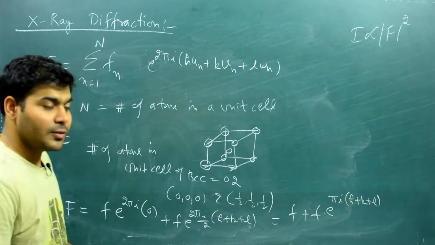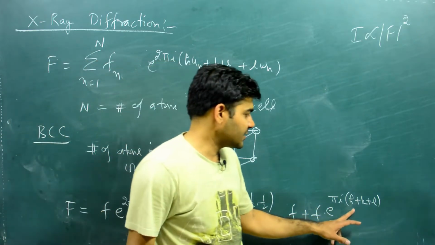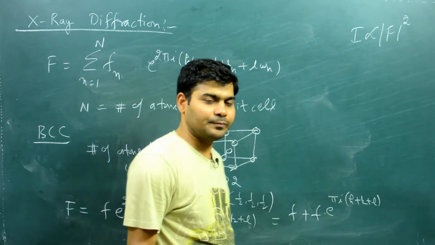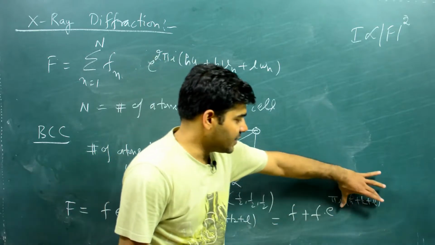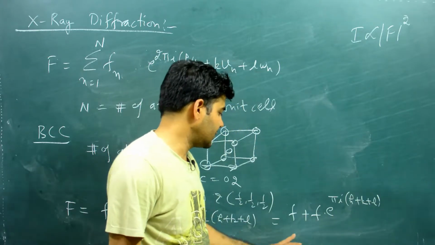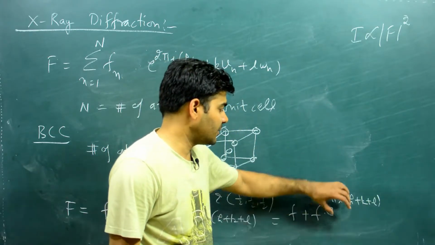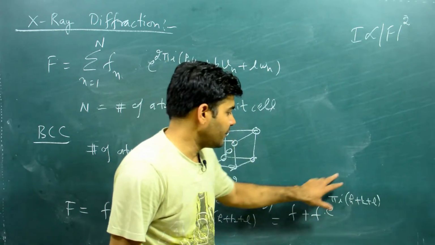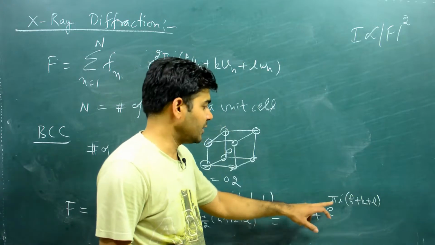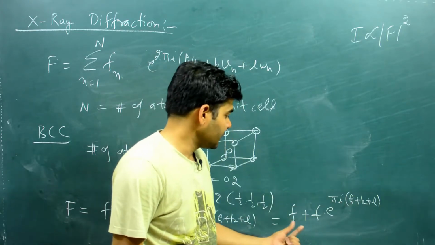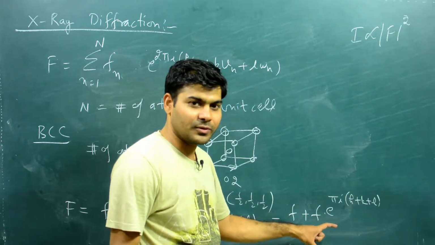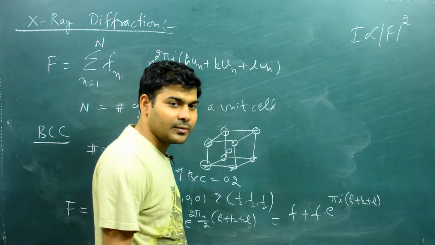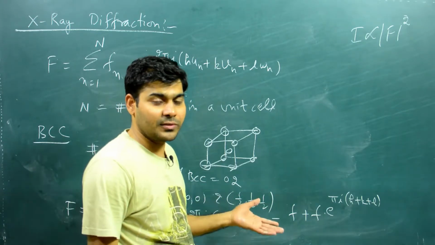Now if we look carefully, if h plus k plus l is an even number, this will give me e to the power of an even number times pi iota, which means this factor will give me unity. In that case f plus f will be 2f, giving a non-zero magnitude of capital F, that is, non-zero intensity.